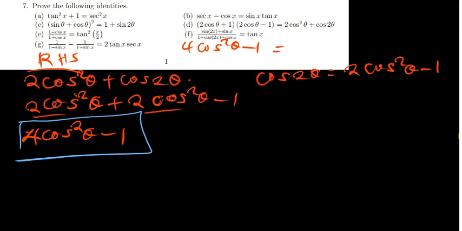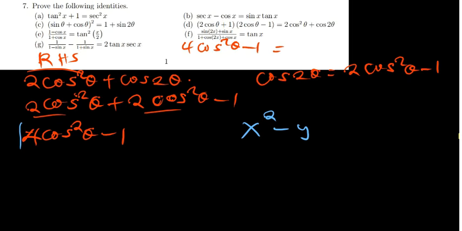The right hand side is equal to this. But again, that can be written as, if you have x squared minus y squared, this is the same as x minus y, x plus y.